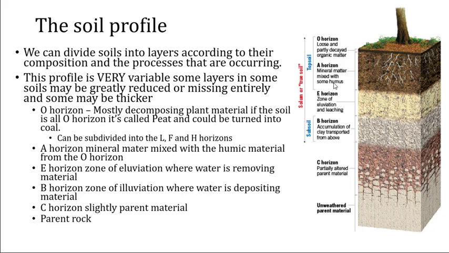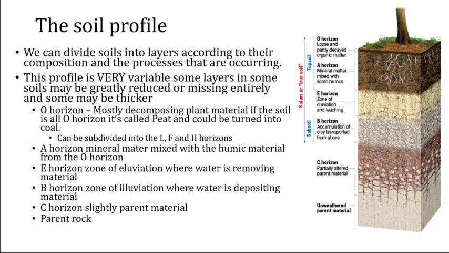I almost said hummus, which is delicious but not a soil layer. But that's that H for the humic layer of the peat bed. So anyway, O horizon, lots of organic material. A horizon, lots of organic material washed down.